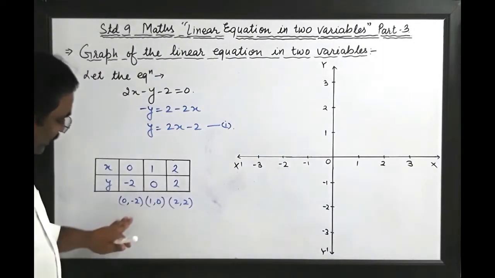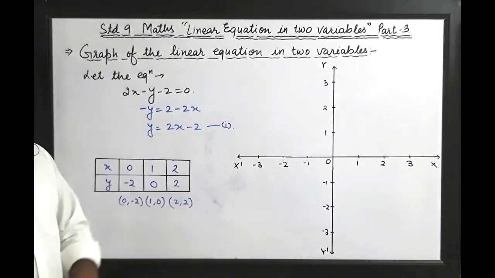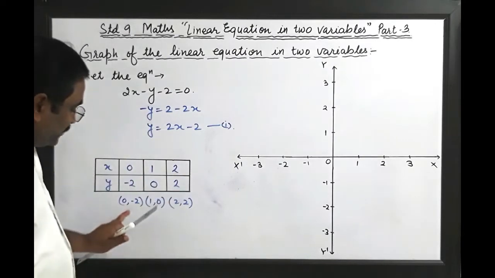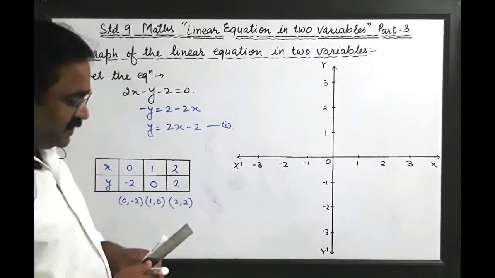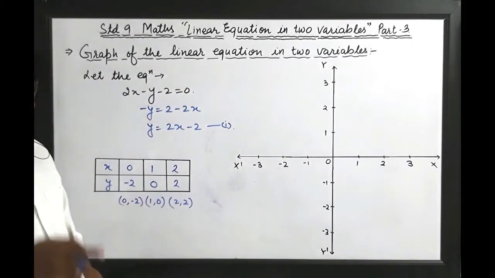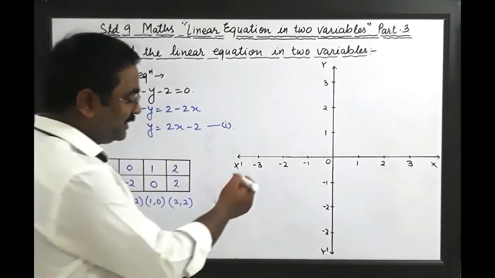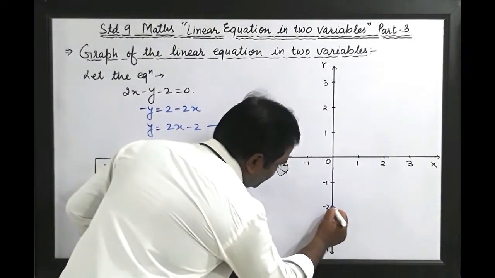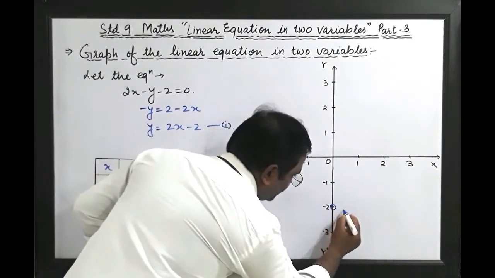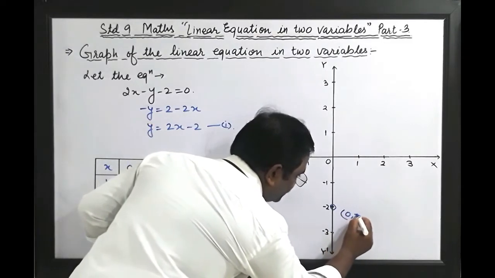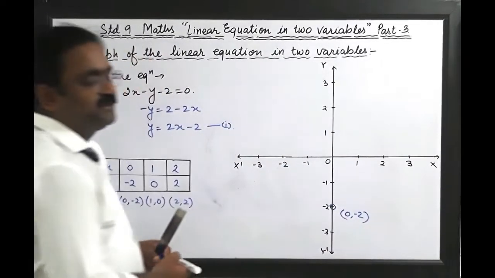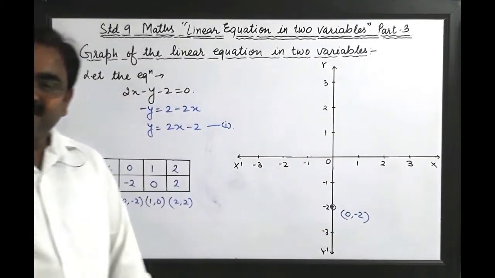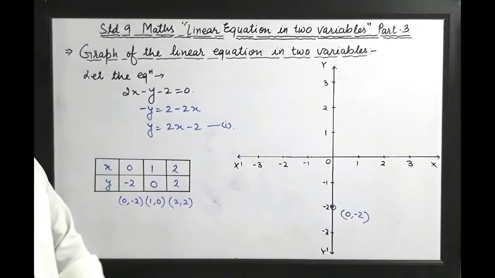So our first point is (0, -2). Let us plot it. 0 on the x-axis, but -2 on the y-axis. So where will this point be? On the y-axis at -2. So this is the point whose coordinates are (0, -2).